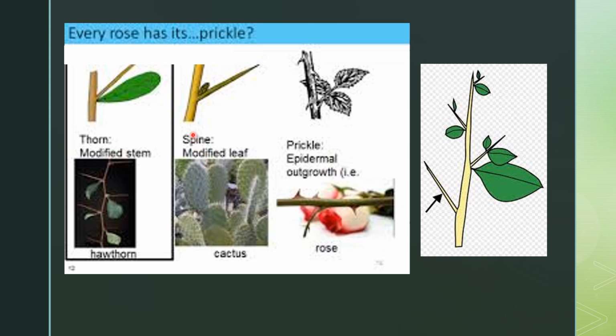So you can see the position of the spine is at the position of the leaf, like this one in the picture. This one, on your right hand, is a spine because it is rising at the position of the leaf. But the thorn is rising from the axillary bud because it's a stem modification.